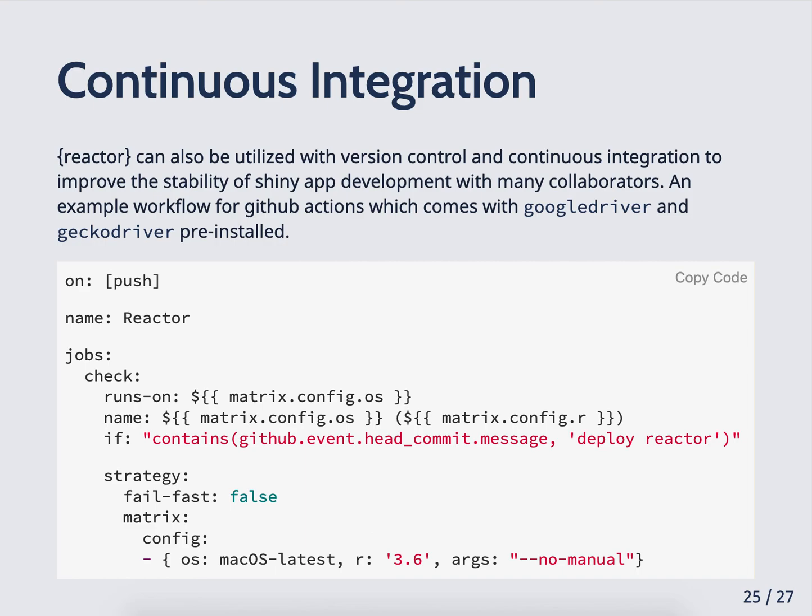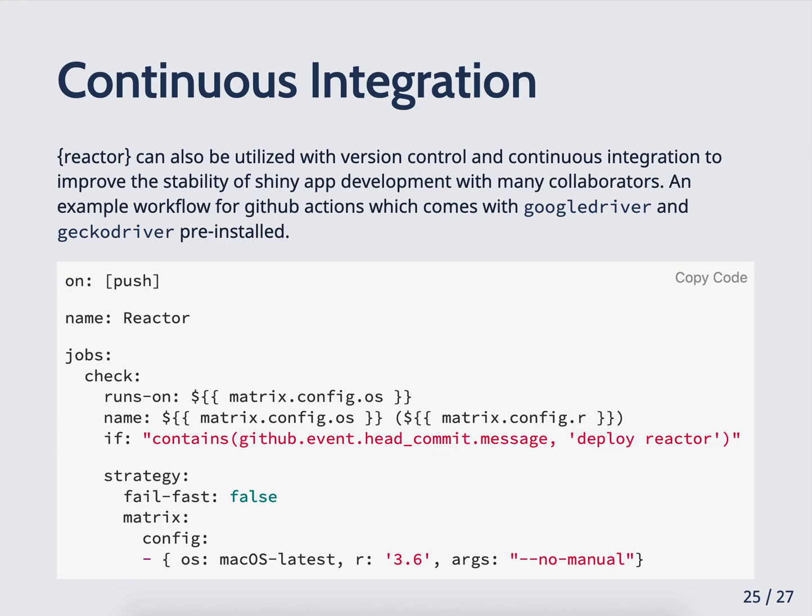Finally, all this can be tied into continuous integration, such as GitHub Actions, into a workflow. And every time you commit a change to your Shiny app, the unit testing can be run on the reactivity of the app to see if anything got screwed up by a pull request or a commit that was created.